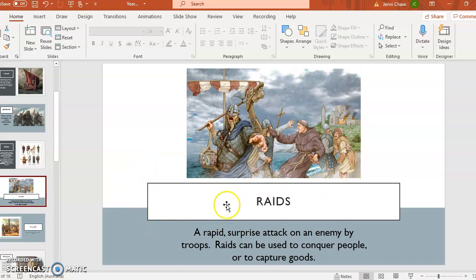A raid is a rapid surprise attack on an enemy by troops. So raids could be used to conquer people or to capture goods.